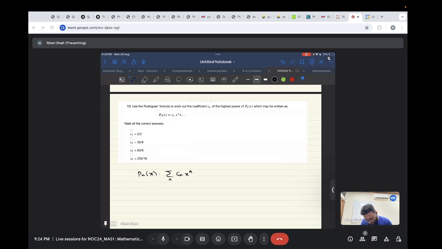All right, so what do I do here? Again, same Rodriguez formula as they've already mentioned, which is 1 divided by 2 raised to power n into n factorial, d^n divided by dx raised to n, x square minus 1 raised to n.